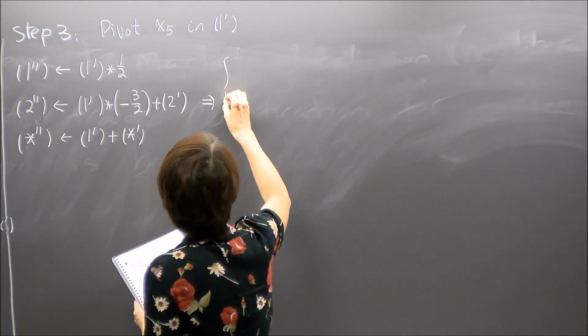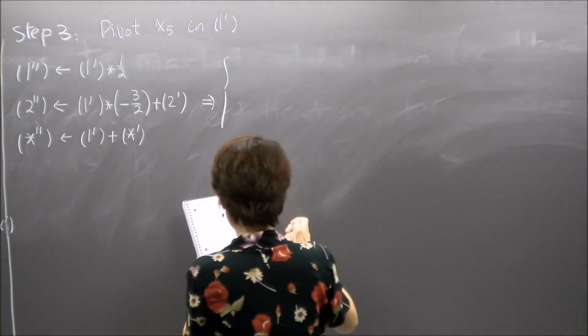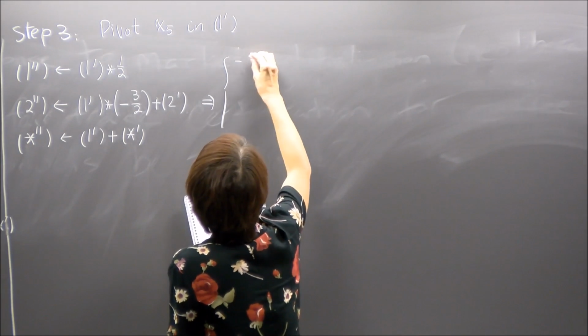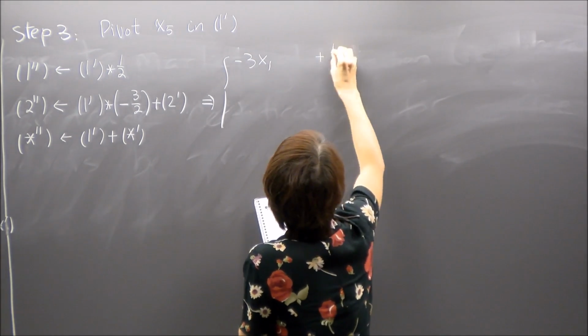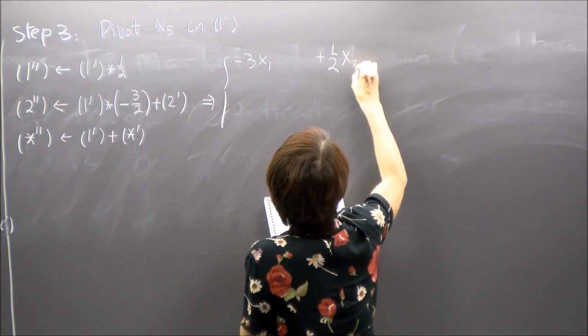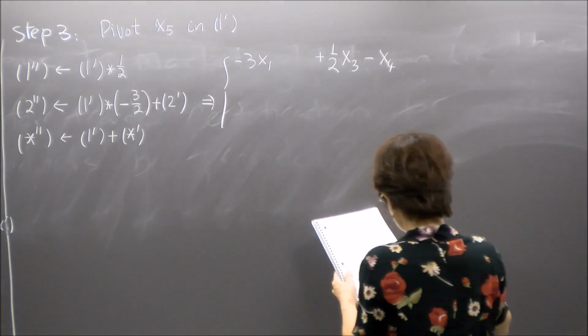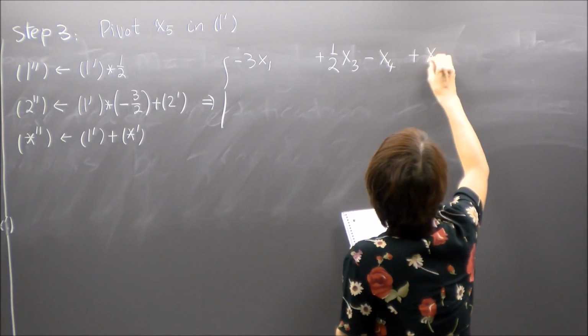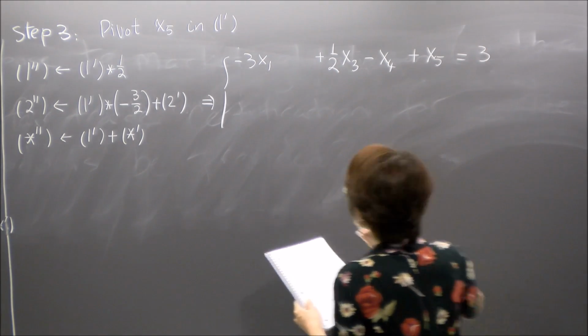So I have the following. Minimize z such that, I'm not going to write, I'll just write out what I have. Negative 3 x1 plus half x3, x4, x5 equals to 3.